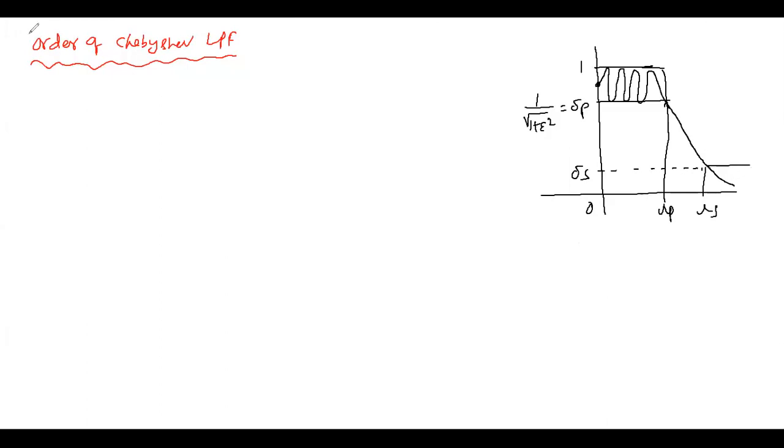Okay. Now what is our equation? Our equation is |H(j omega)| square equals 1 by 1 plus epsilon square C_n square (omega by omega p). Now I will do the same process that I did for the Butterworth filter.